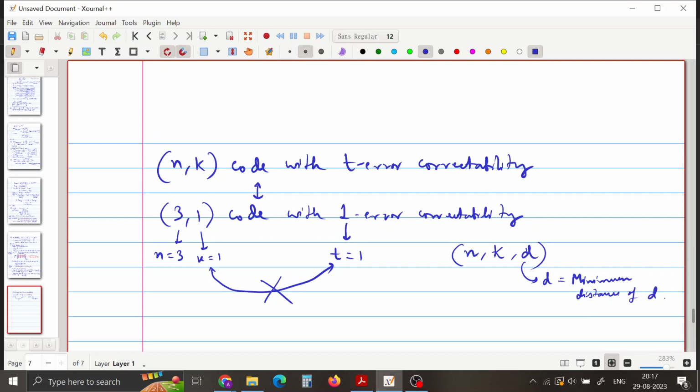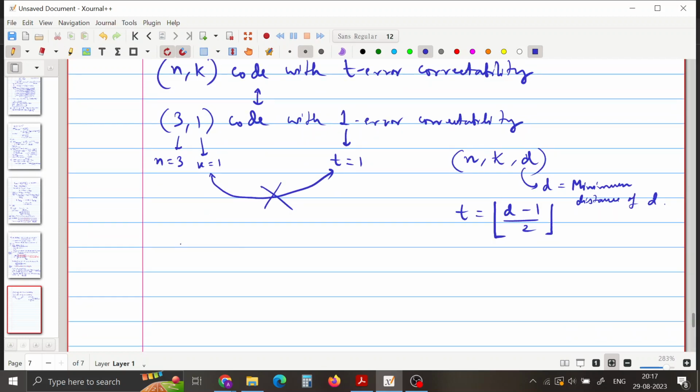It's basically the minimum distance between any two codewords in the code. I'm not going into the details. t has a connection with that d, the minimum distance, like this: it's the floor of (d minus 1) by 2. At most these many errors it can correct. So don't confuse t with k. These parameters are different.